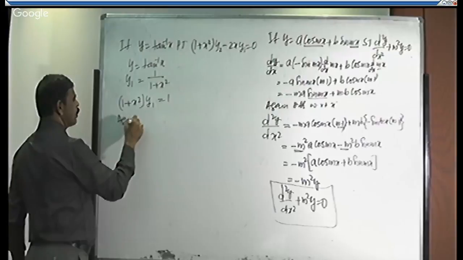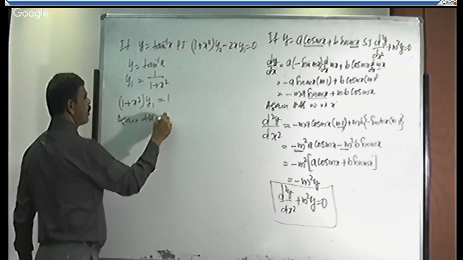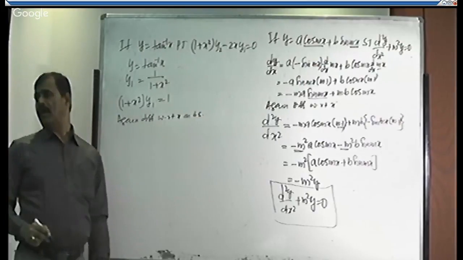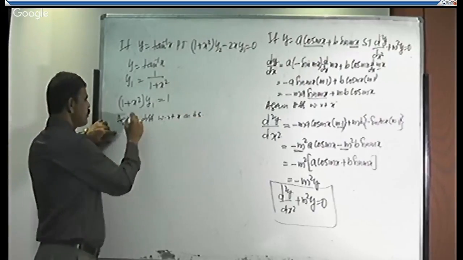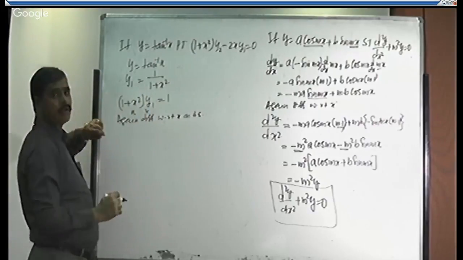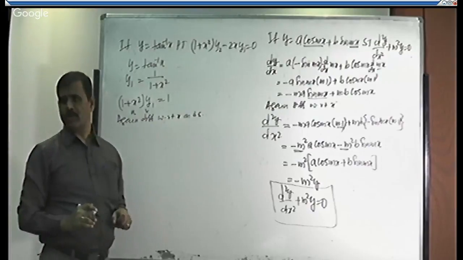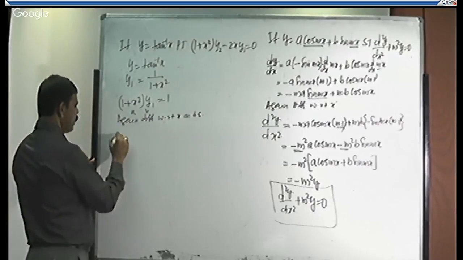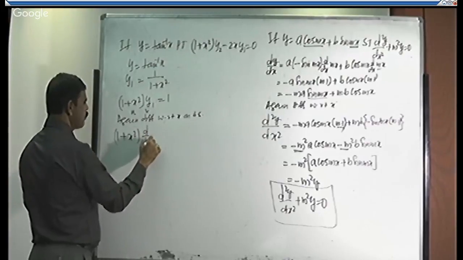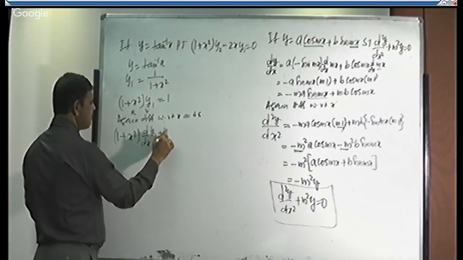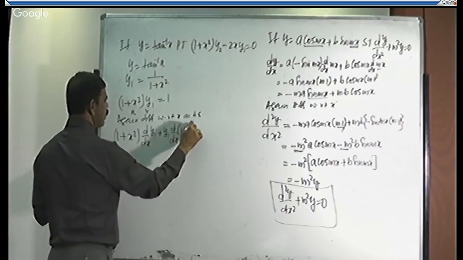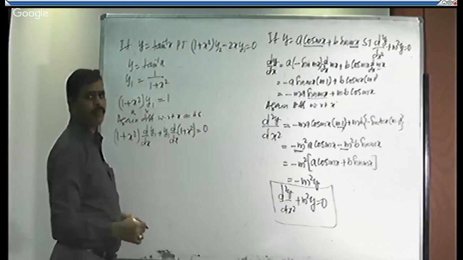Now, differentiate again with respect to x on both sides. How to differentiate it? By using the product rule. Why? It is 1 plus x square into y1, u into v form. 1 plus x square into d by dx of y1, plus y1 into d by dx of 1 plus x square, is equal to differentiation of 1.